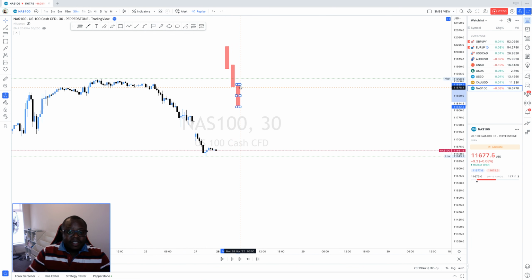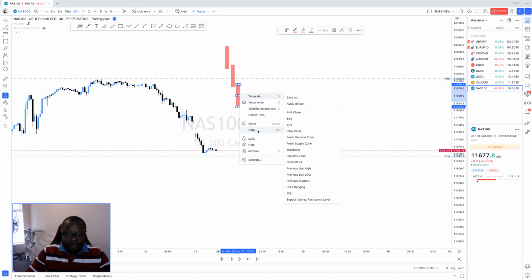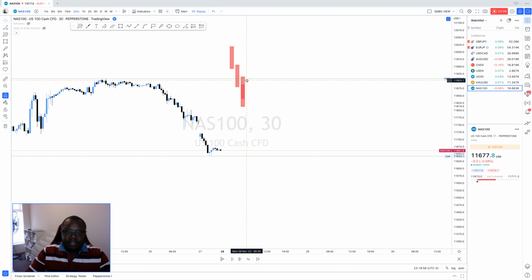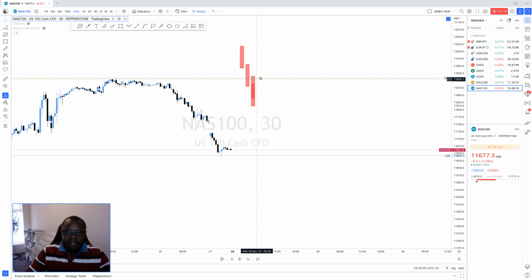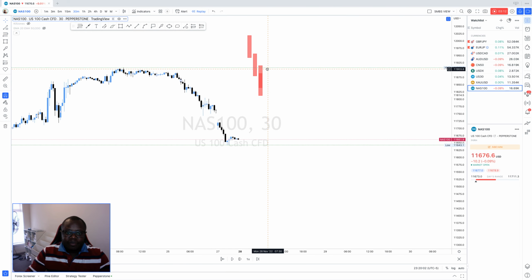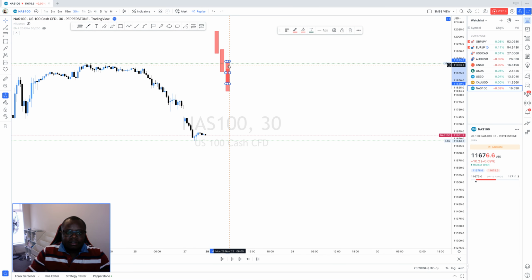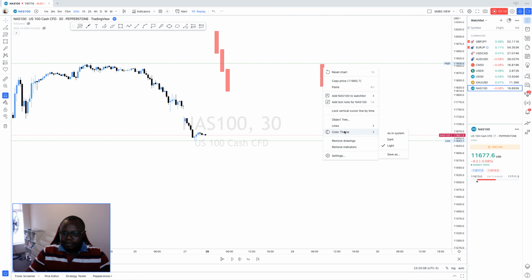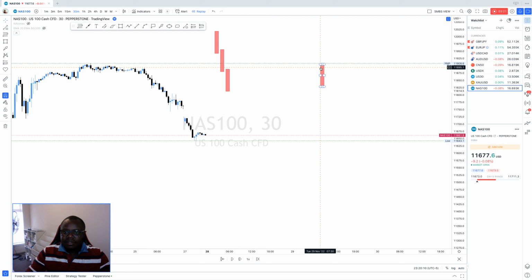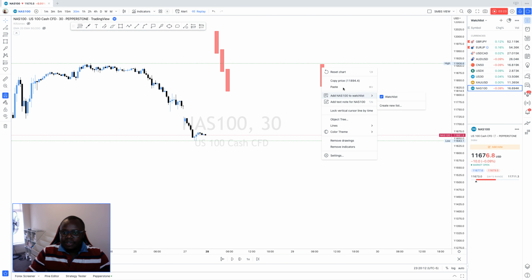This is the normal way the market moves, and the same applies if you're in a bullish market. So to illustrate a bullish market, that will be one, and then number two.